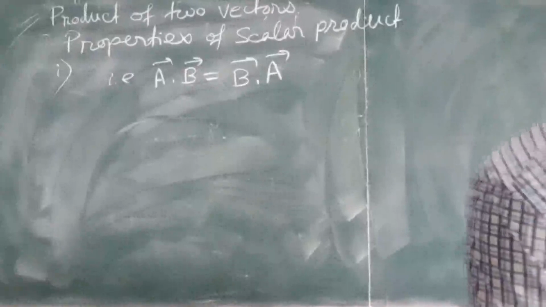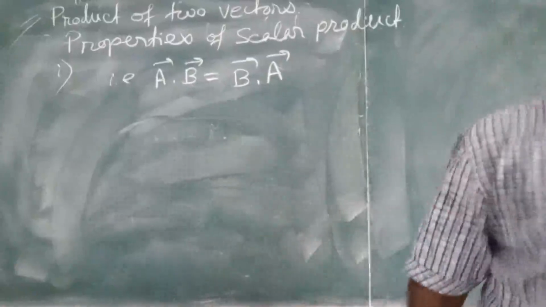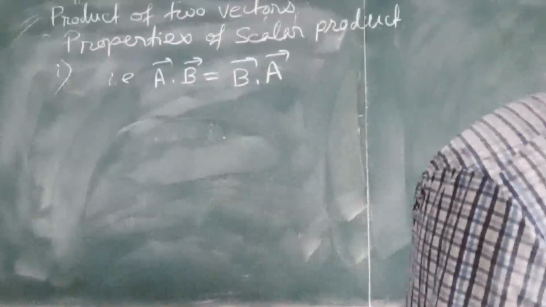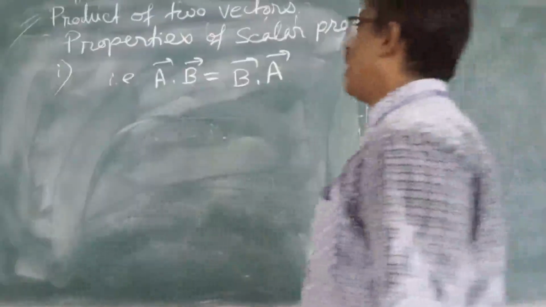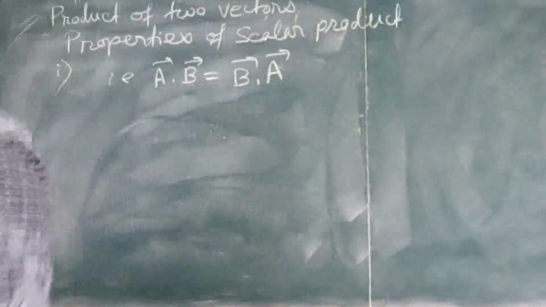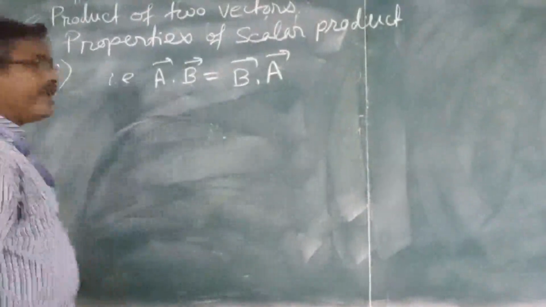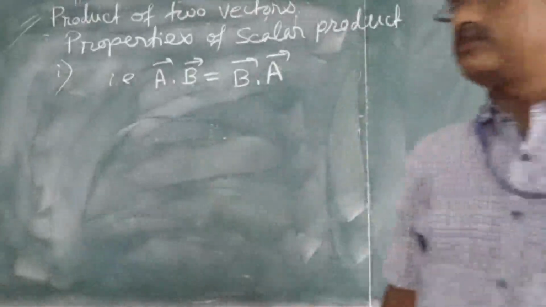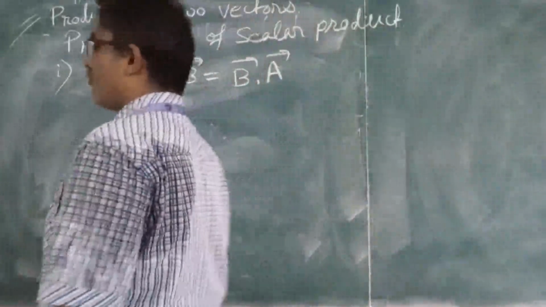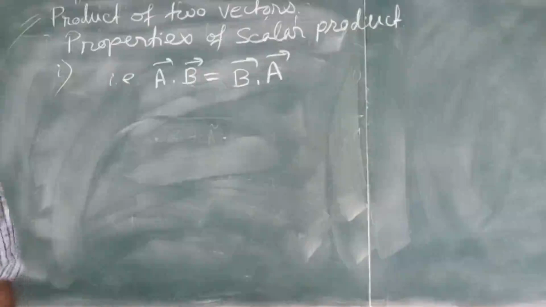Number two. If two vectors A and B are mutually perpendicular, then theta equals pi by 2.